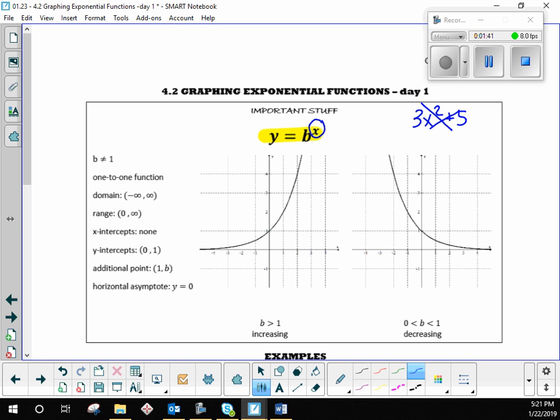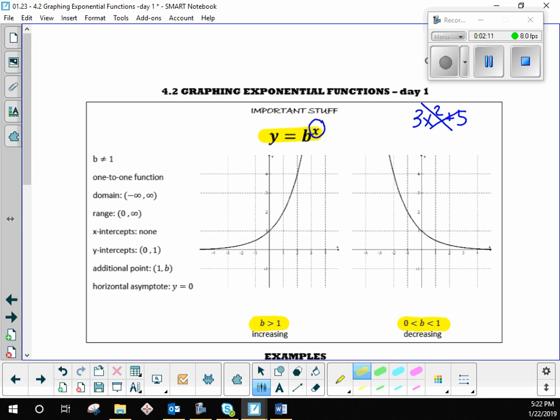And the b stands for the base, and the base can be any number. That falls into two different categories. When the number is greater than 1, we have this left-hand side graph. When b is between 0 and 1, meaning it's a decimal or a fraction, a small number, the graph looks like this right-hand side graph, okay?